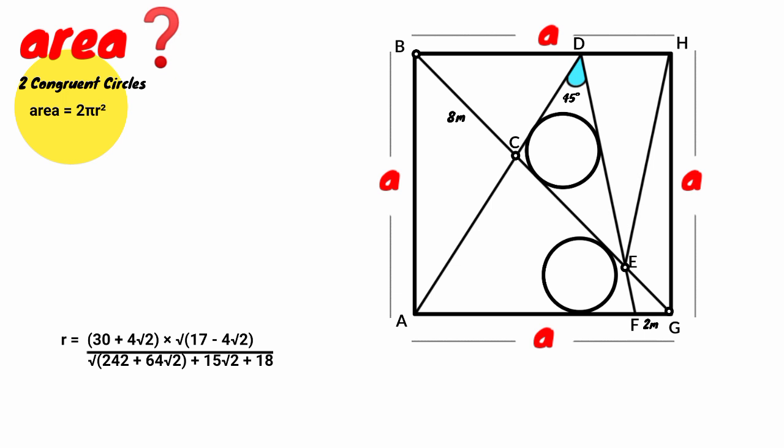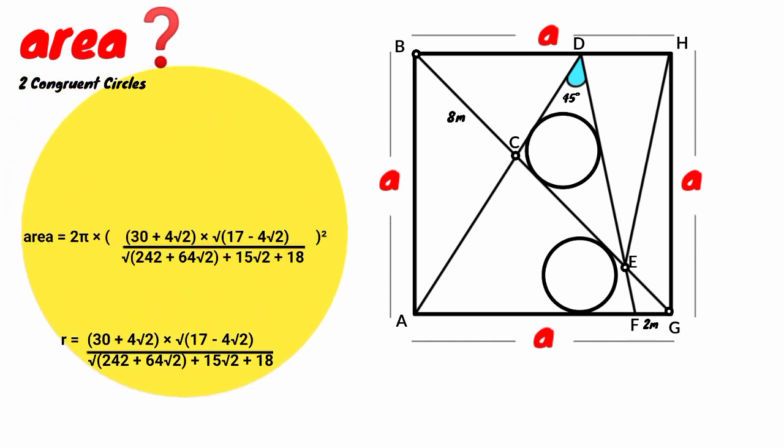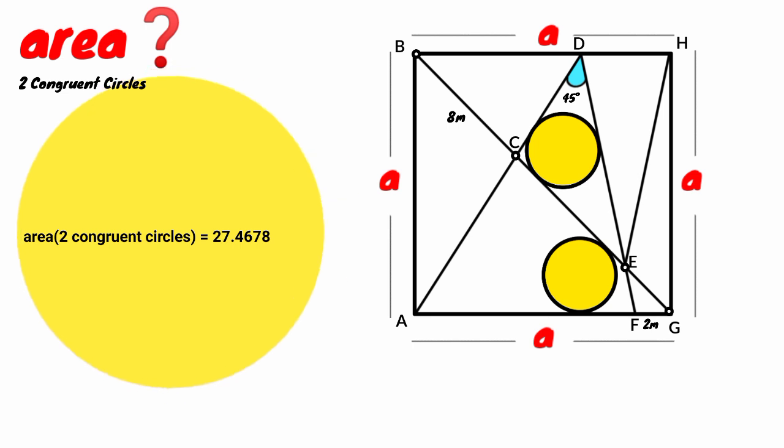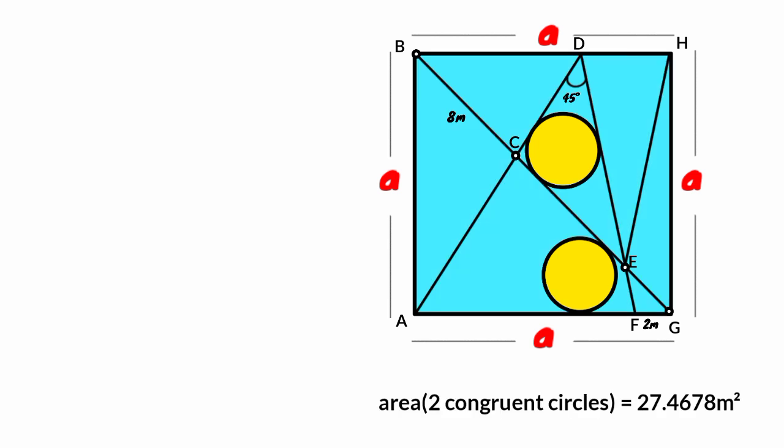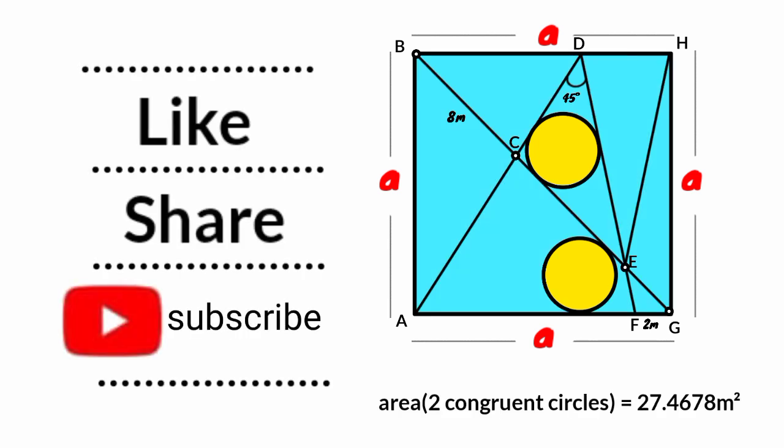Back to this equation. Substitute the value of R. If you use your calculator, we'll get an approximate value of 27.4678. So area of two congruent circles equal to 27.4678 square meters.